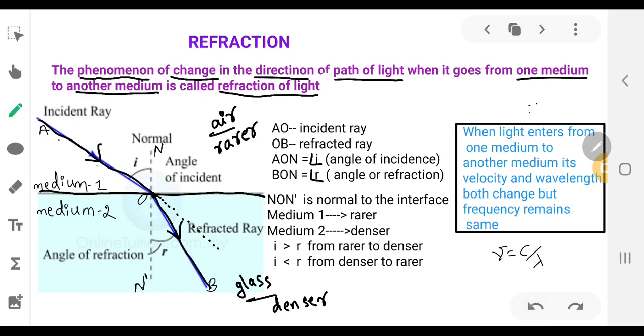For time being, just observe that when the ray is traveling from rarer to denser, look at the ray, how it is changing its direction. It is moving towards the normal, or the I value is greater than R.